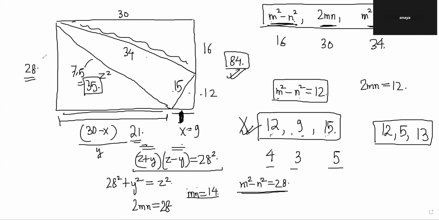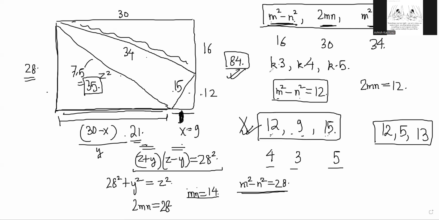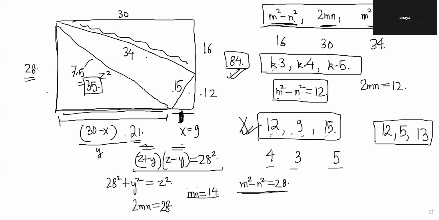Similarly, 28, 21, and 35 is also a multiple of 3, 4, 5 with 7. So keep that in mind that sometimes from smaller triplets, you can multiply k times 3 and k times 4 and you'll get k times 5. That is a bigger triplet, right?